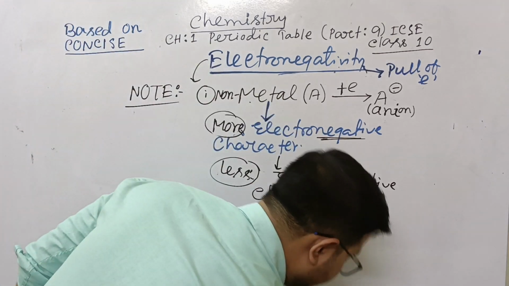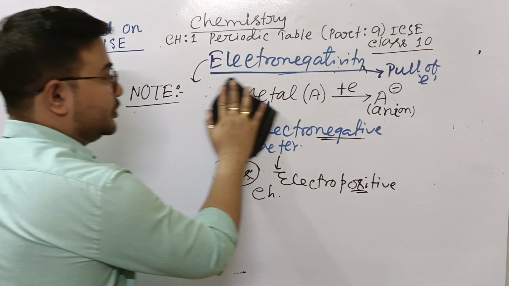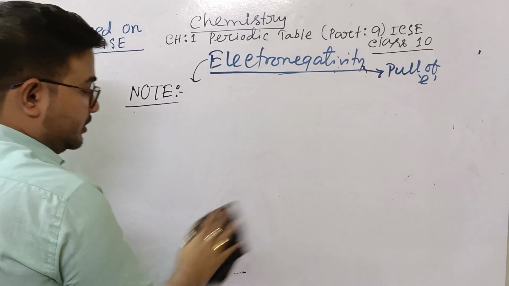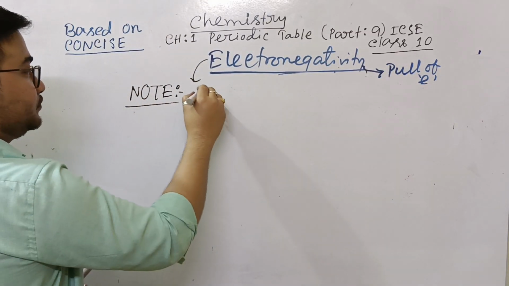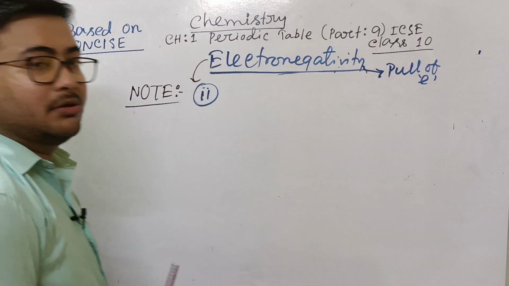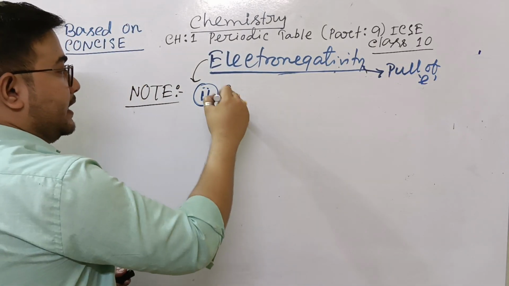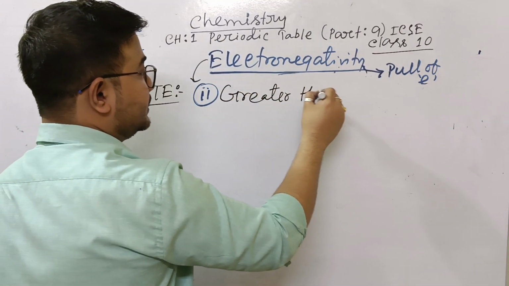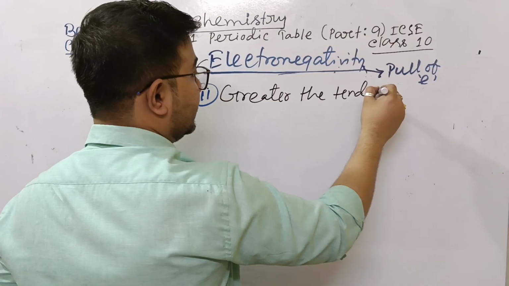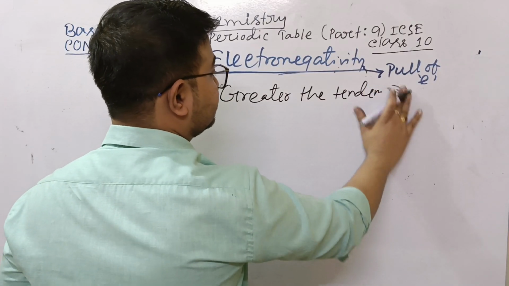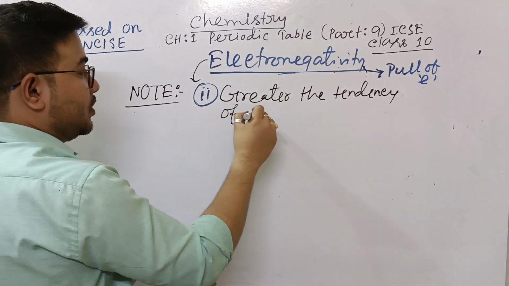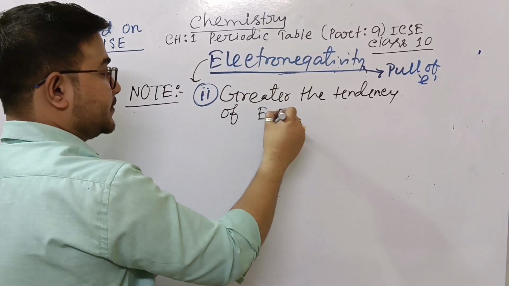Now, another note given in the book, note number 2. What is note number 2? The greater the tendency of electron affinity.